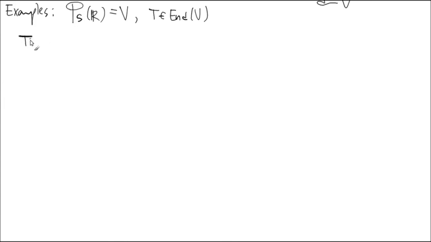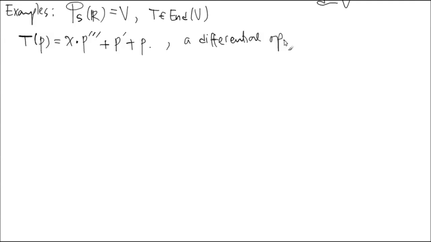L(V, V), right? V going to V. Here's a polynomial P. I pulled it out. So here's my map: x times P triple prime plus P prime and P. Okay? This is a differential operator. You agree? That involves differential operators, right?